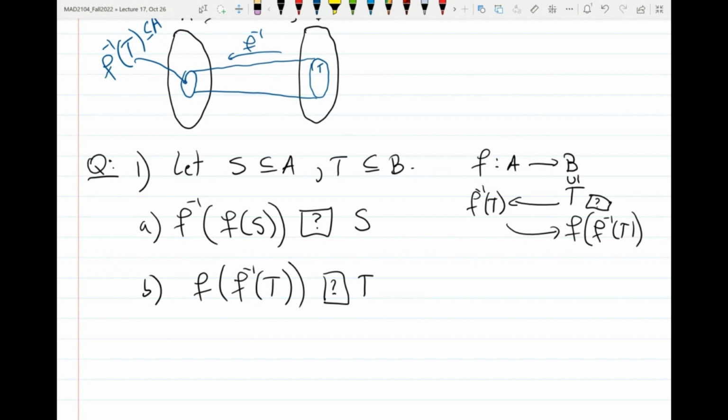So I guess another question is, if we are hoping for equality, right? Let's give it the benefit of the doubt. What's the best case scenario? That we don't lose or gain anything, so we get back exactly where we started, right? If we are hoping for equality, we should be able to argue that this guy is a subset of this, right? Or the other way around also, that this guy is a subset of this. So let's see.